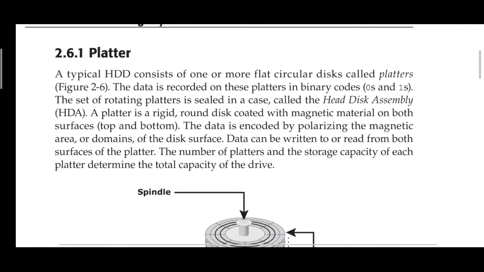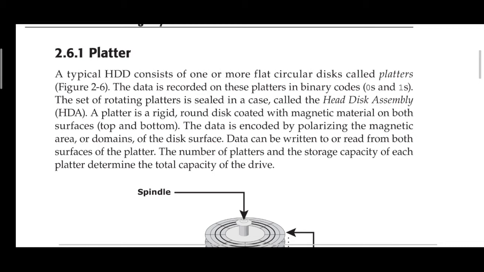What is a platter? First one is platter. A typical hard disk drive, HDD, consists of one or more flat circular disks, which are called platters. A typical computer hard disk will normally have one or more circular structures. Somehow it looks like a CD only. Each such structure is called a platter.